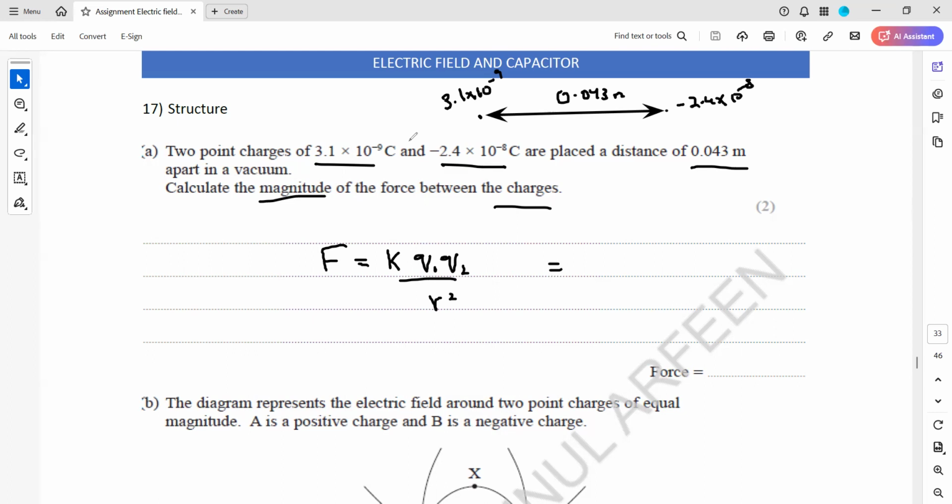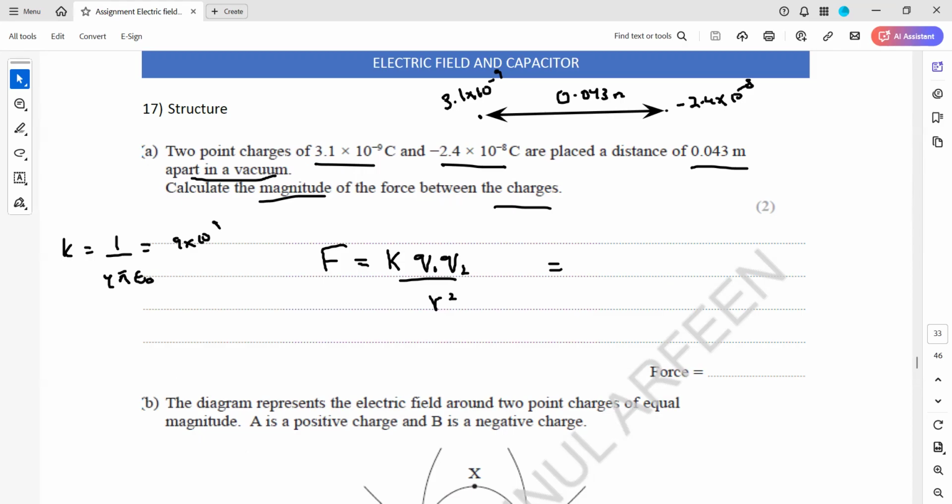What is the value of K? It's in a vacuum. K is equal to 1 upon 4 pi epsilon, and in a vacuum, when we substitute the value for epsilon, the permittivity of free space, we get the value for K, which is 9 into 10 to the power 9.